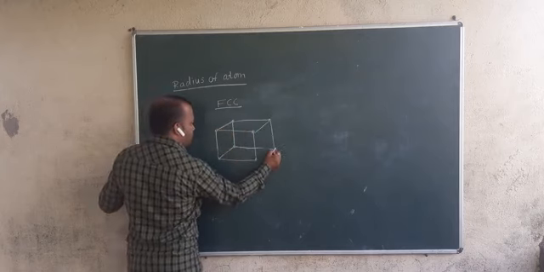See here, 8 constituents at 8 corners and 6 at the face. So I am taking this upper face. Actually, at every face there will be constituent particles, but for our solving, I am taking the upper face. So here it is a circle, here second one, here third one. So we have got the circles in this way.